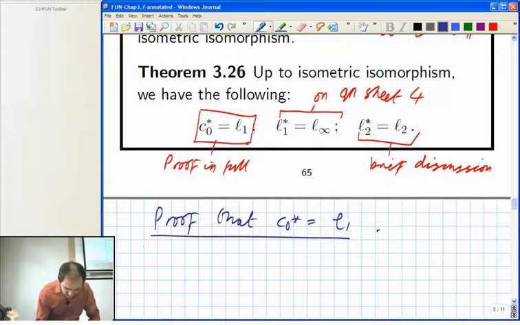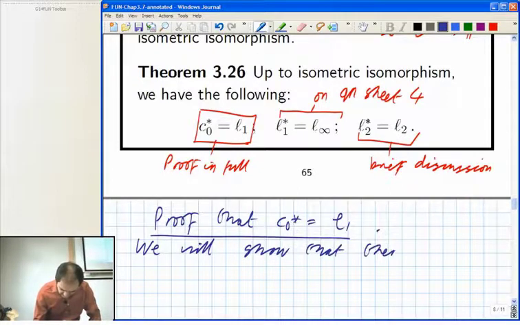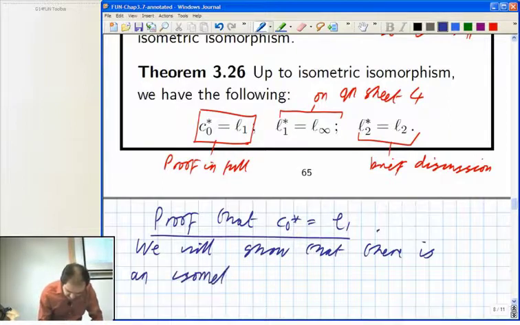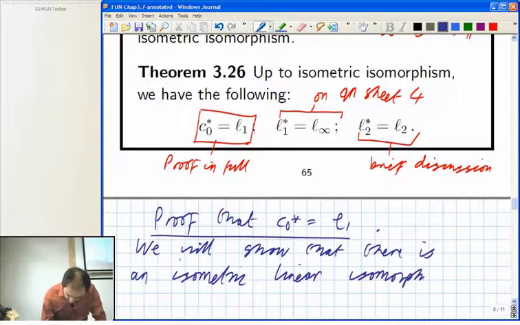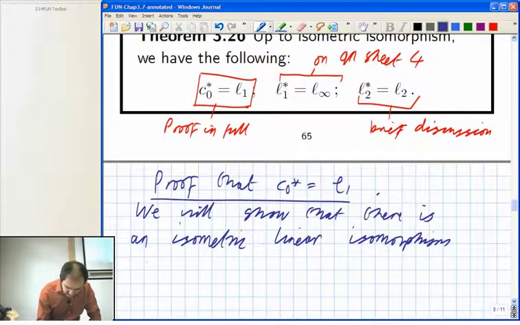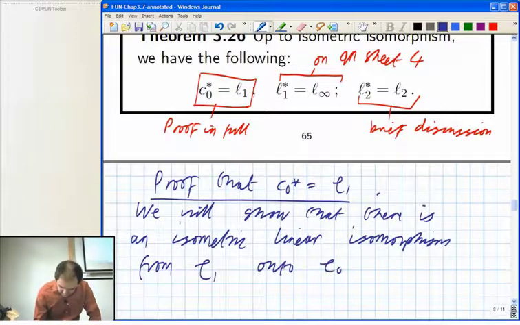So we will show that there is an isometric linear isomorphism from L1 onto C0 star.